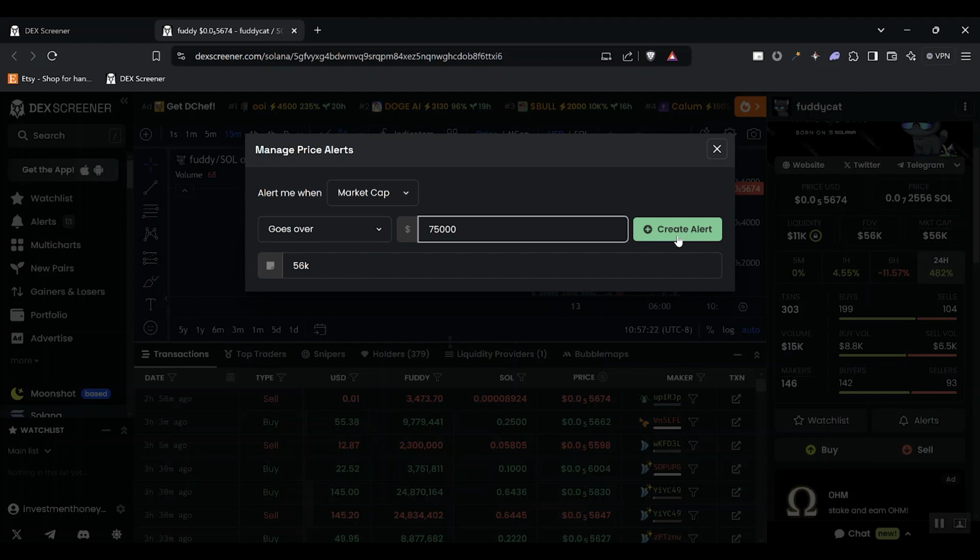And if you guys are interested in utilizing a bot for trades, I've tested several different bots, as I've mentioned in another video, Bananas. I haven't looked at the Photon bot, but I've used Trojan, DeFi Cafe, and Maestro. Maestro is the one that, to me, has the largest suite of tools and has been most consistent.